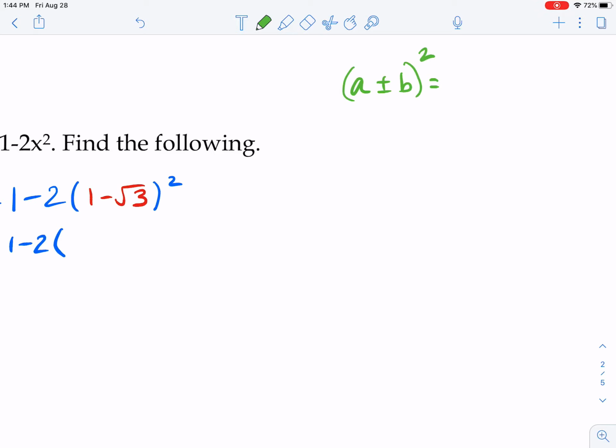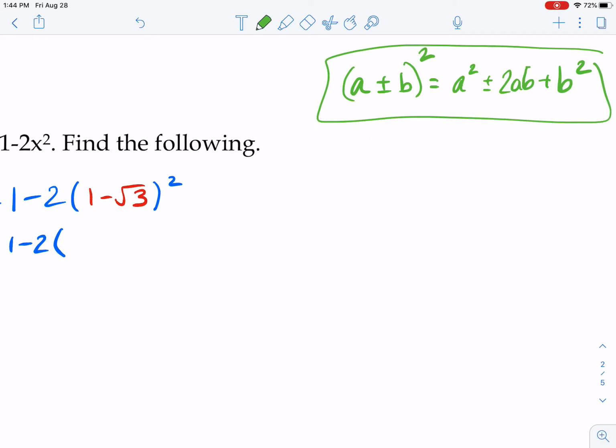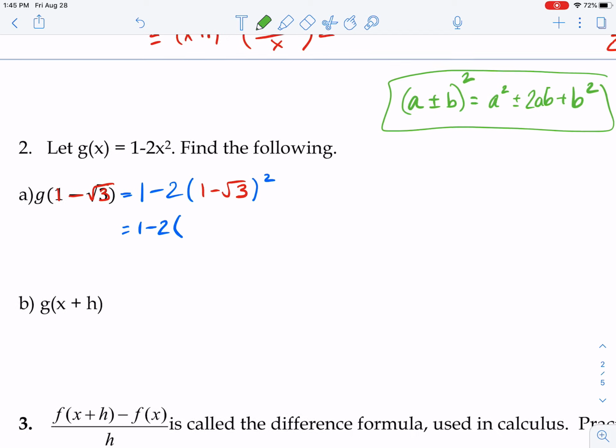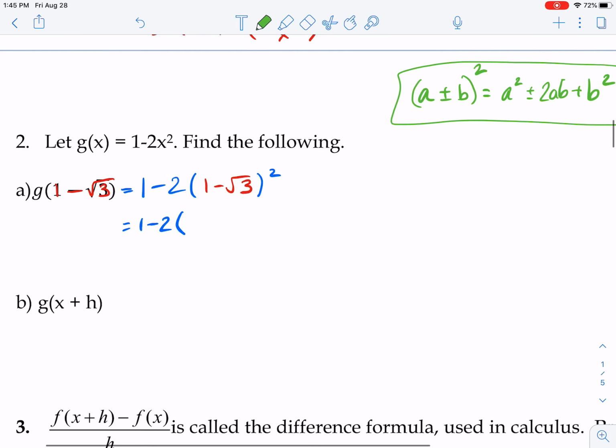That a plus or minus b squared is equal to a squared plus or minus 2ab plus b squared. This should just be second nature. You don't have to think about this. We use this so much that you should be really familiar with that. If you are already, fantastic. If not, there is still time to get up to speed.